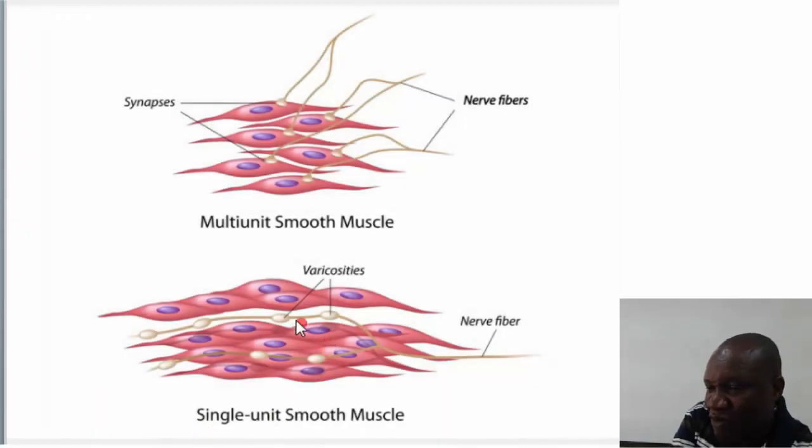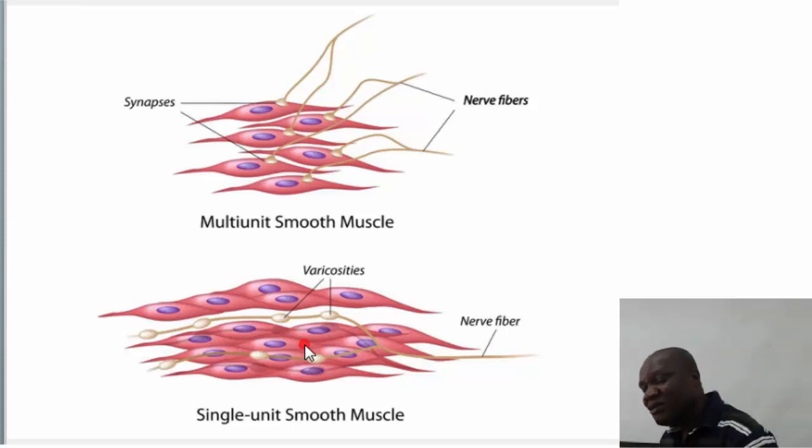So, we have a lot of individual smooth muscle fibers bound together to form a single unit. And these will line the walls of hollow tubes.